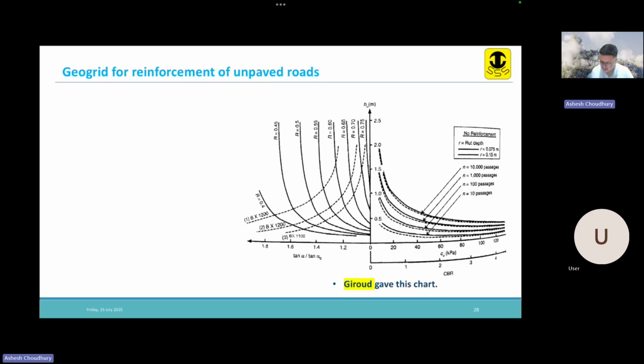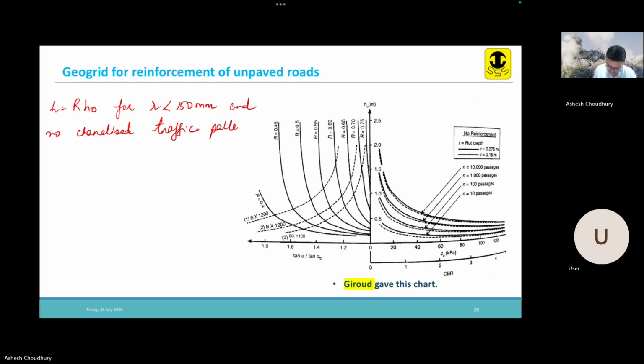Now this chart was actually given by Giroud for determining this same H and H naught. So here I will write it for you. H naught for R less than 150 mm and no generalized traffic pattern.